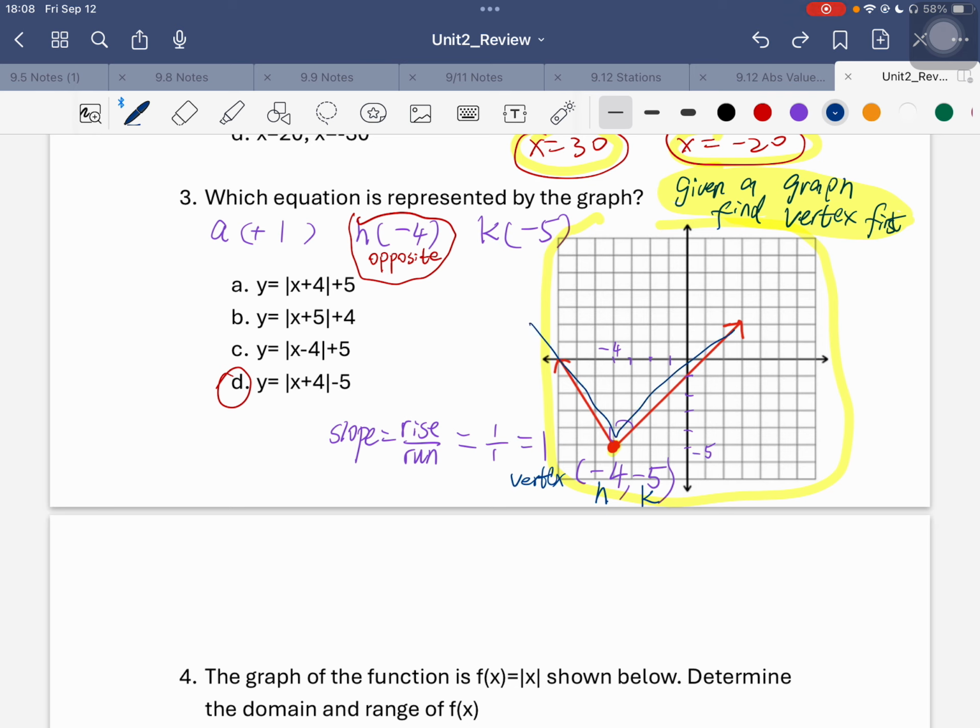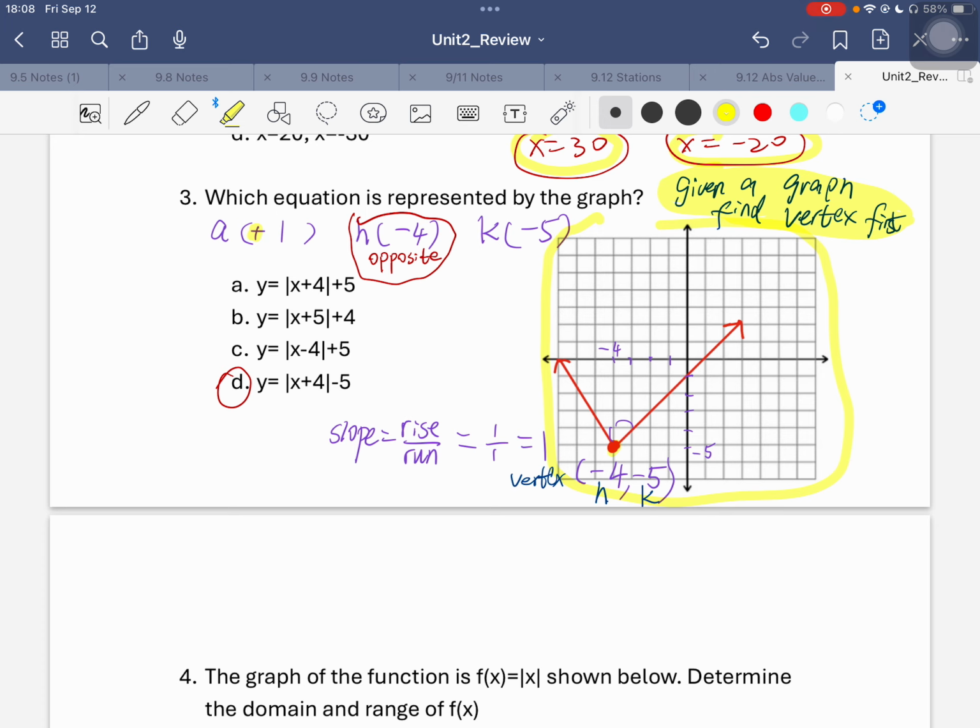The graph looks like a V. That means the a of this graph is positive. If the a is negative, the graph will look like a mountain. So now let's put +1 for the a.